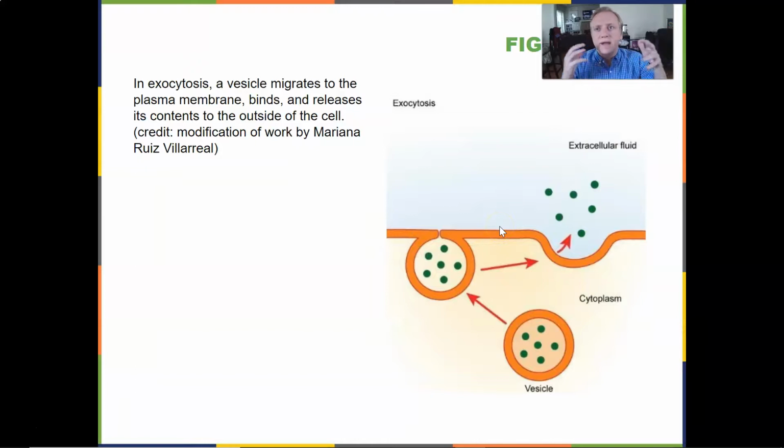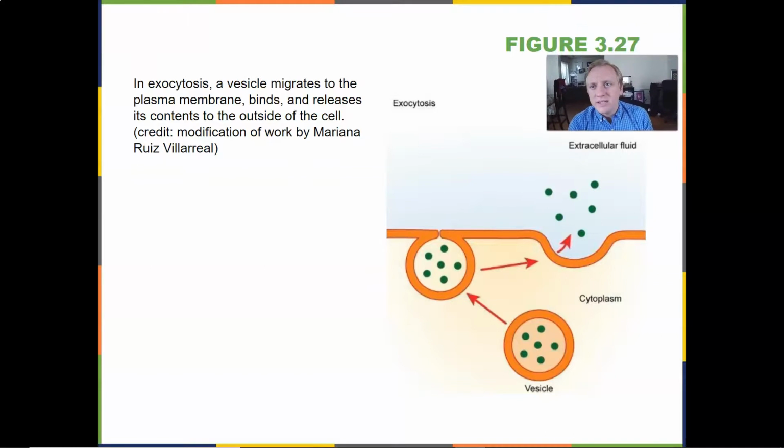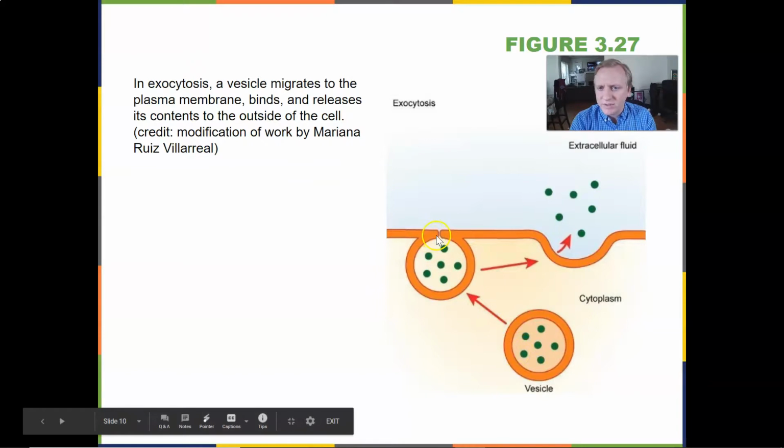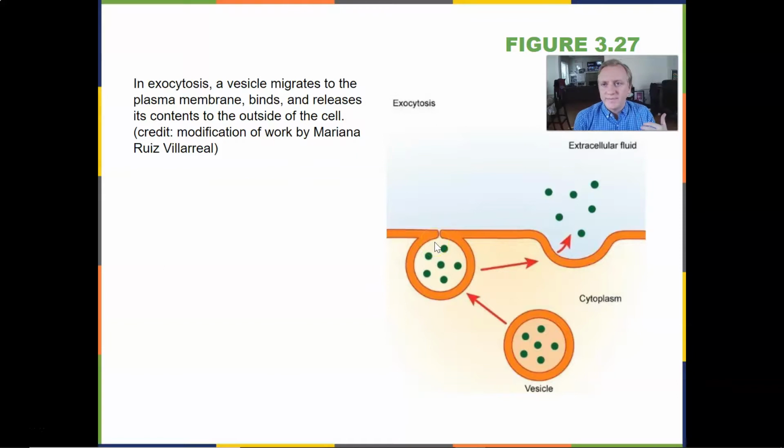So here we have the opposite process, which is exocytosis. Endocytosis kind of gives you a clue for what's happening. Things are going into the cell. Exo, things are exiting the cell. And so what happens is this vesicle comes up and floats, and it fuses with the plasma membrane.